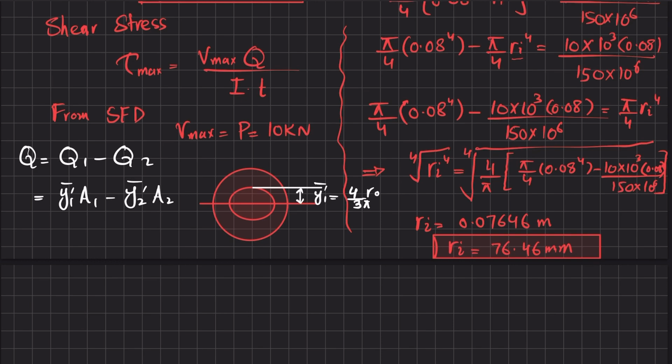Clear? And what will be Y2 dash? For this inner semicircle, this Y2 dash bar is equal to 4 over 3 pi R inner.